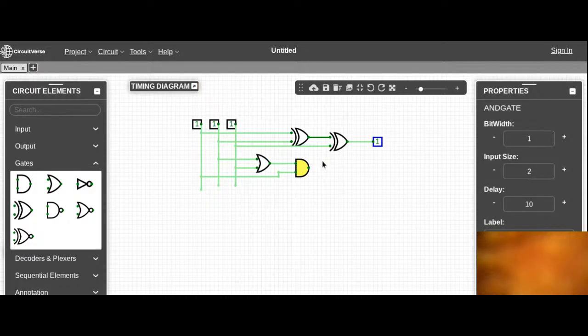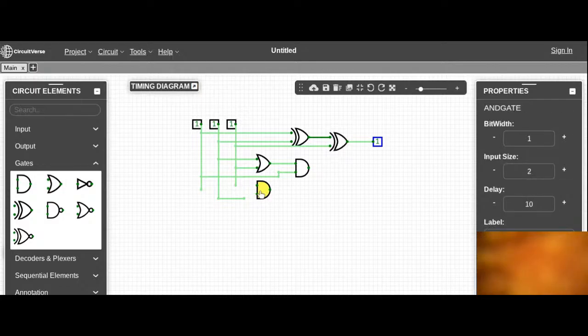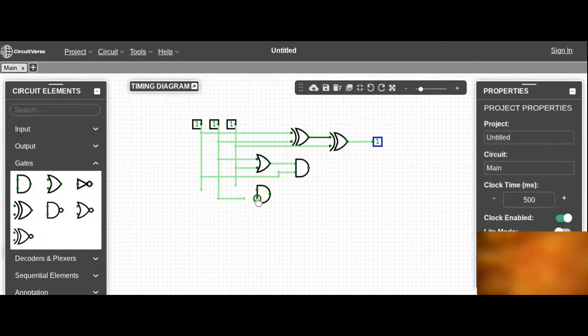Then there is one more AND gate which will be connected with B and C in. After that this will be connected with an OR gate.